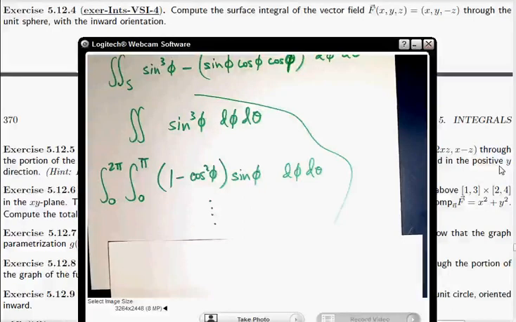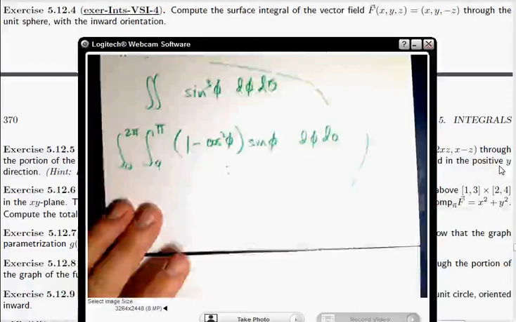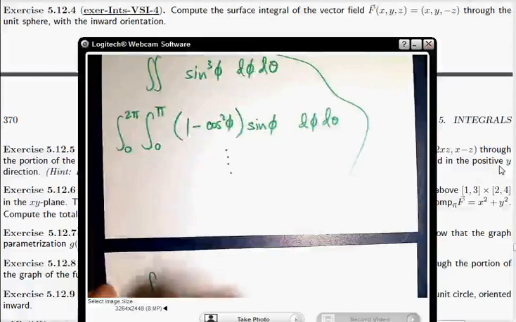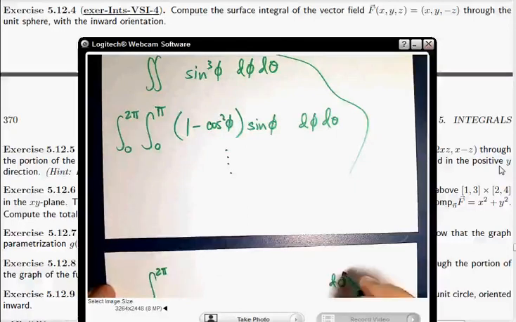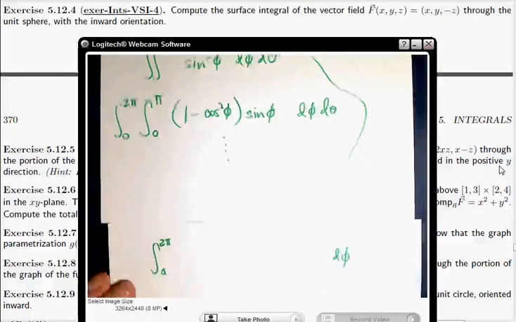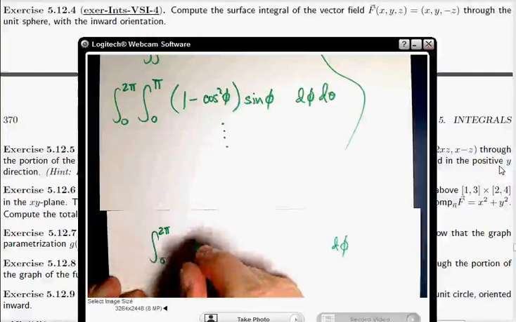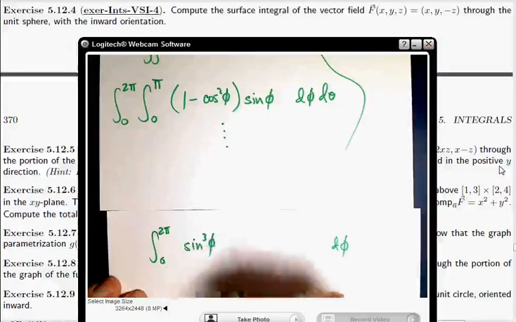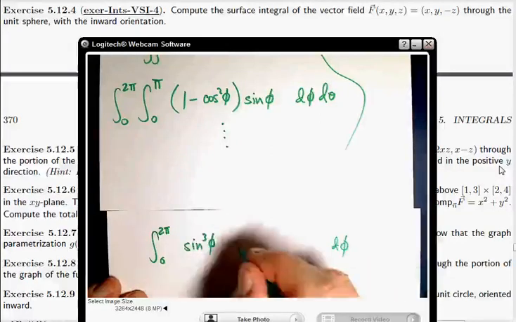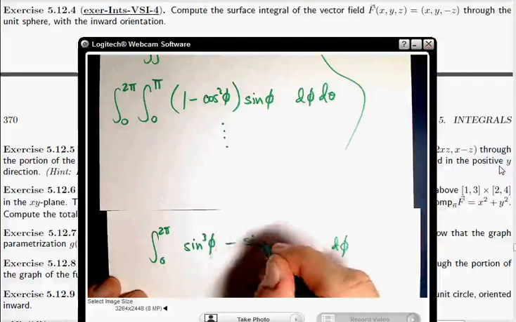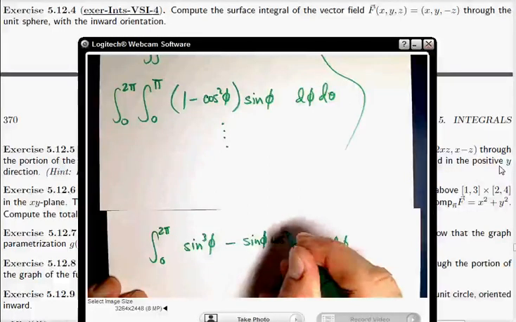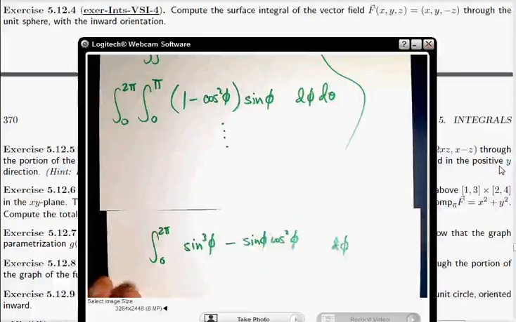One thing to be careful of is that what you're going to end up with then is an integral from 0 to 2 pi d phi of, and let's look at, so you've got sine cubed phi, and then sine phi cosine squared phi.